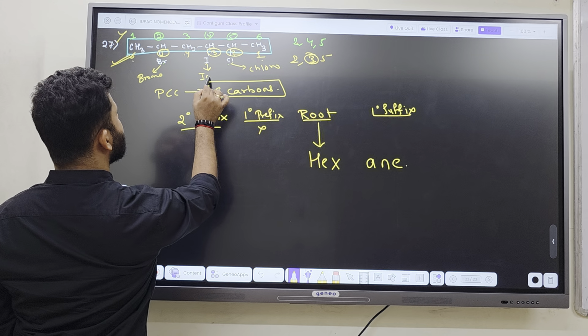I will say bromo is present at 5th position, therefore 5 bromo, 2 chloro, 3 iodo. So it would become like this: 5 bromo, then 2 chloro, then 3 iodo. Why this order? Alphabetical. B comes before C, C comes before I. So the full name would be 5 bromo, 2 chloro, 3 iodo, hexane.